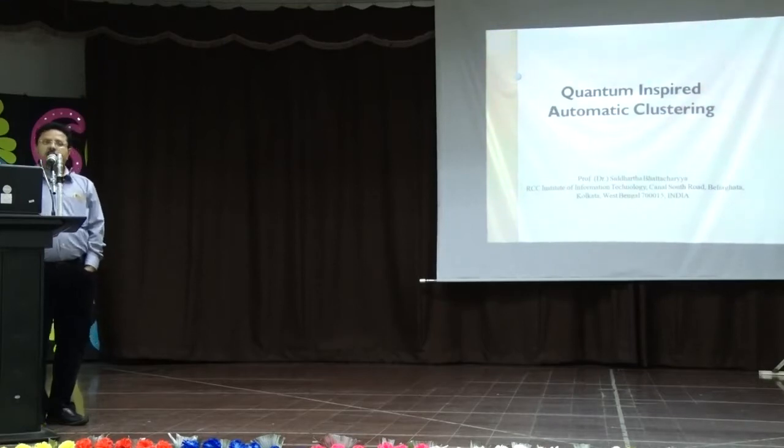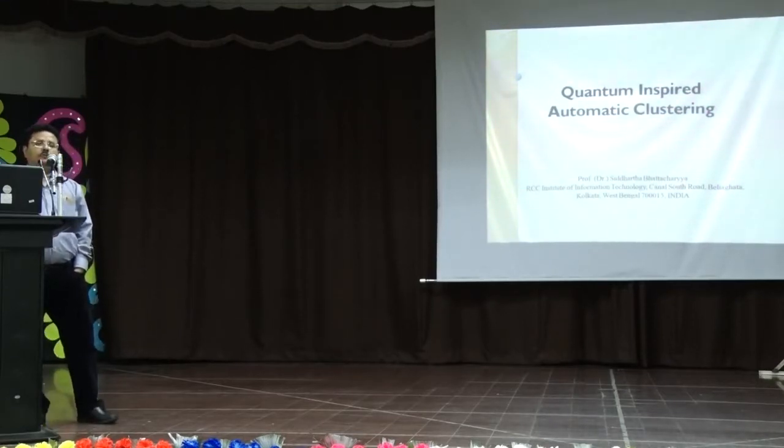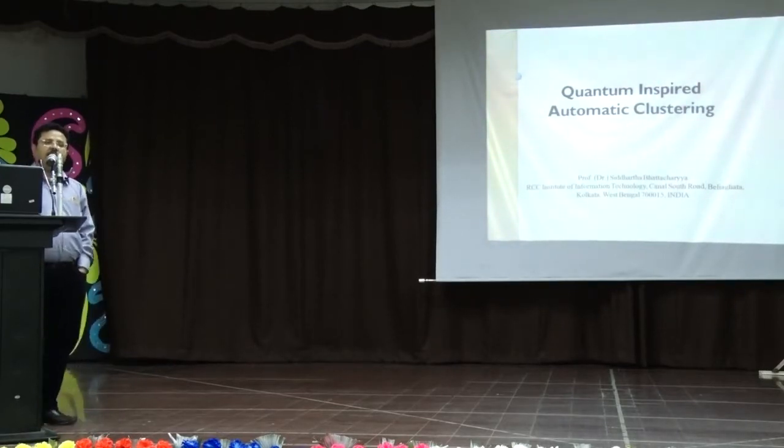But think of the situation where you do not know how many clusters are there beforehand. That is the challenge. Given that situation, is it possible to find the optimal number of clusters, that is, the optimum number of clusters that can faithfully classify the data set or the number of elements?